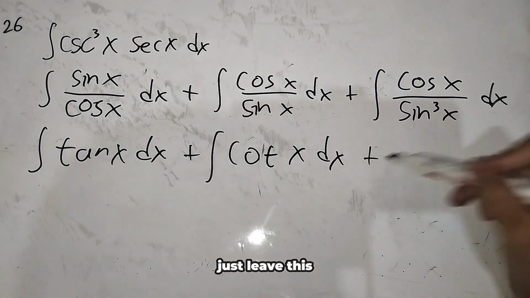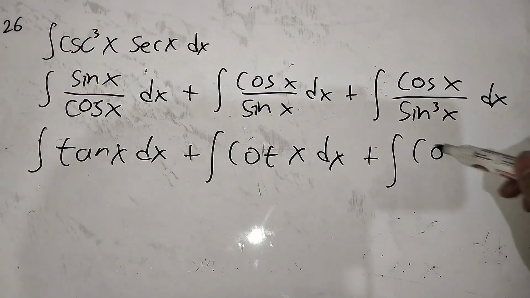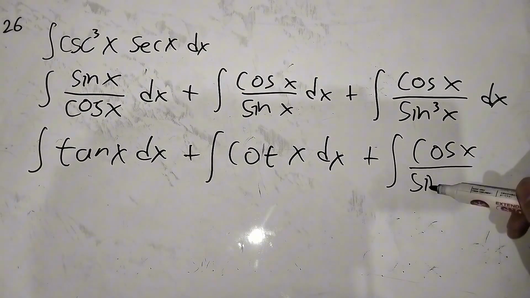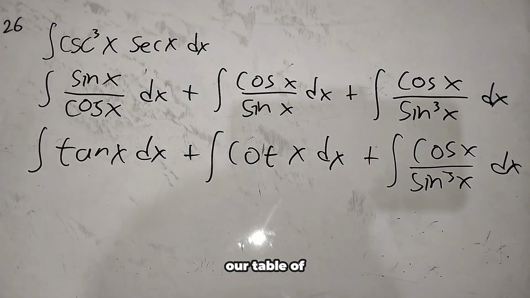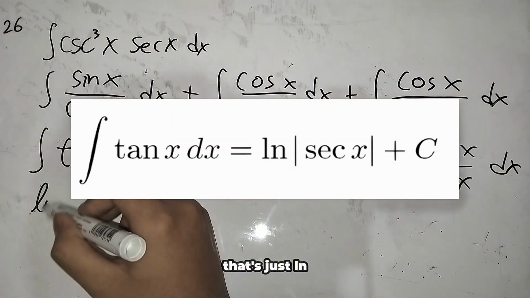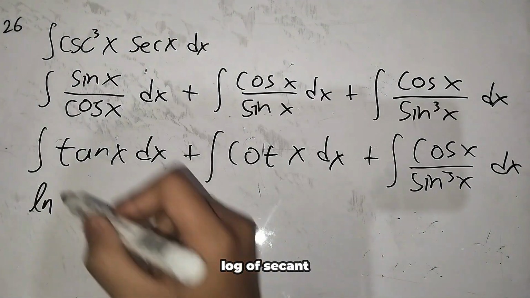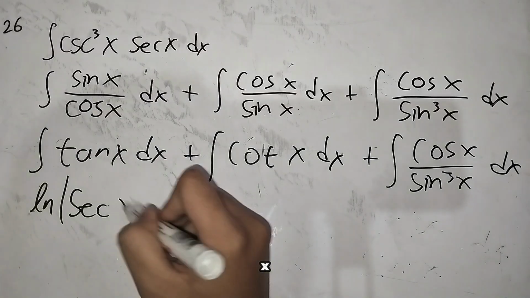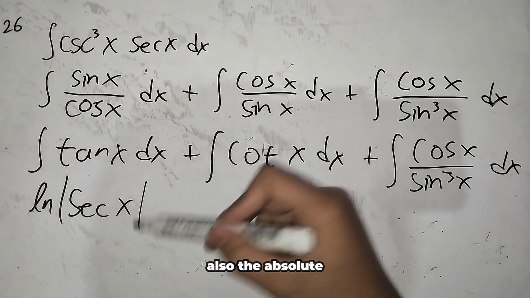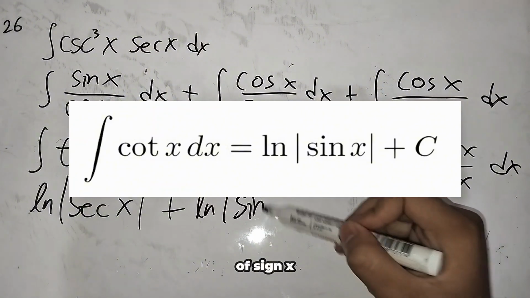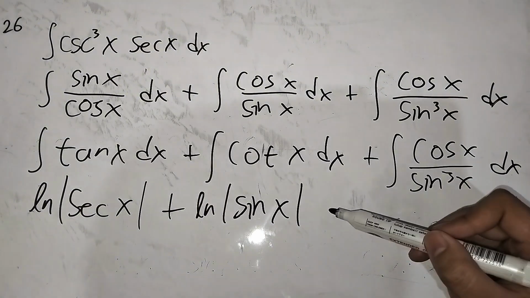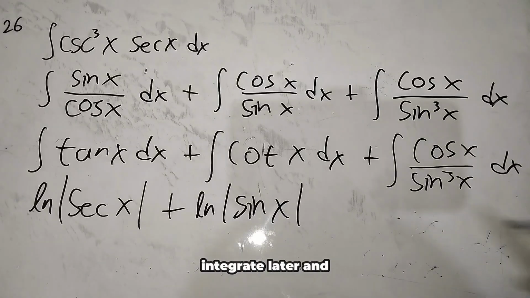And then we can just leave this for now. From our table of integrals, what is the integral of tangent x dx? That's just ln, the natural log of the absolute value of secant x. And for the other part, I'm going to integrate later.